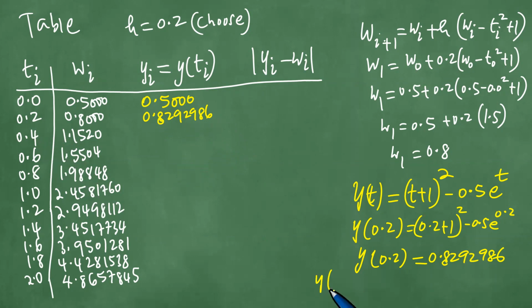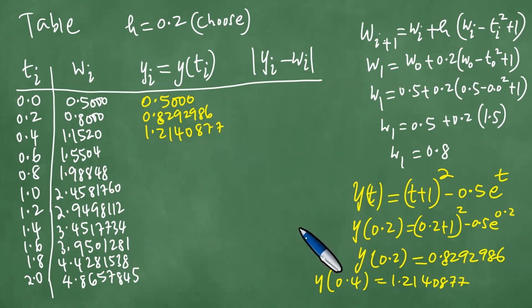If you do y at 0.4, you realize that it is 1.21408. Let's say this calculator practice I'm going to do from tomorrow. Okay. So I'm going to make sure that you have the calculator and we can discuss and you can share your own findings on your calculator. So it's 1.2140877. So that is at 0.4.